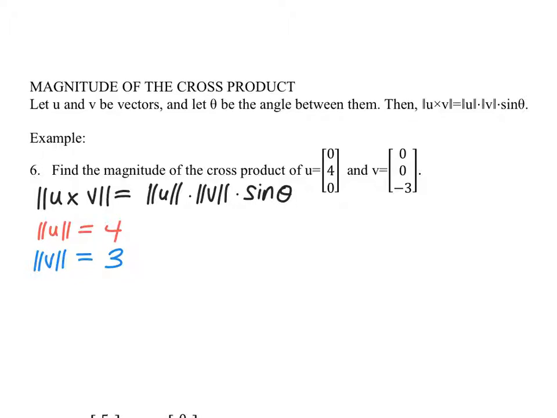So now we just need the angle between these two vectors. We could solve for it. But if you have a good visual sense of what's going on here, then you should already kind of know what that angle is. But let's say you don't. So cosine theta is equal to the dot product of u and v over the magnitudes multiplied.